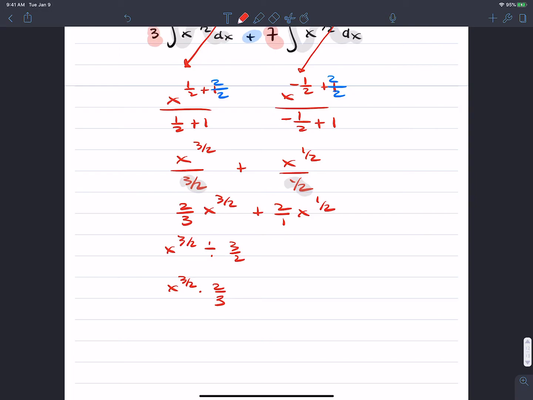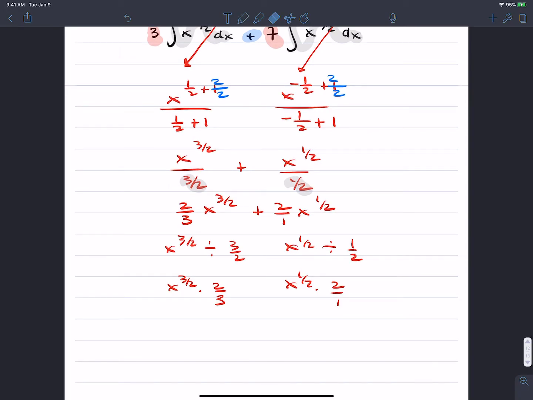And the same thing is happening for the other term there, right? We're going to divide by 1/2, which is x to the 1/2 times 2/1, and this is how we got what we got.